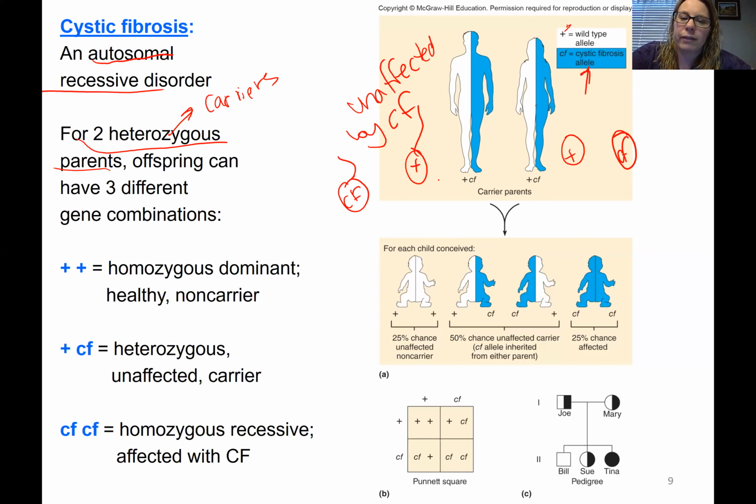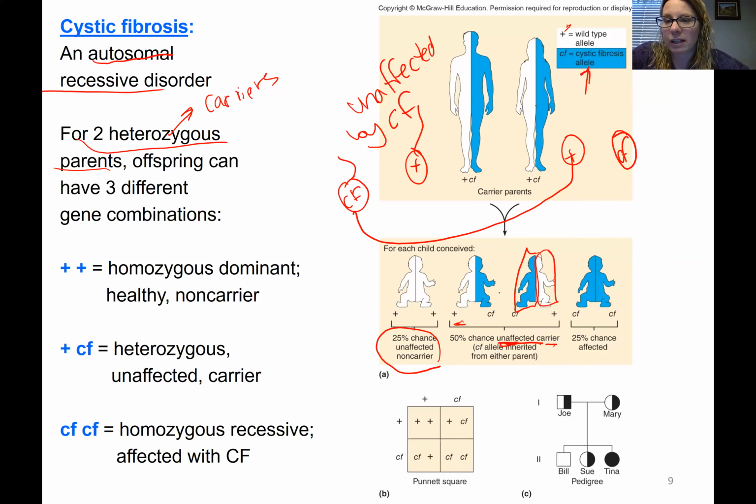If that egg and that sperm unite, you would get an unaffected non-carrier. If this and this one united, or if this one and this one united, you would get an unaffected carrier, because this child carries the allele, but they would not be affected.